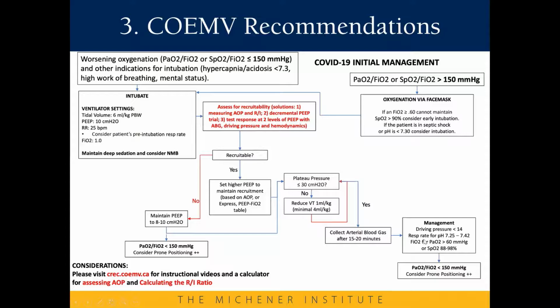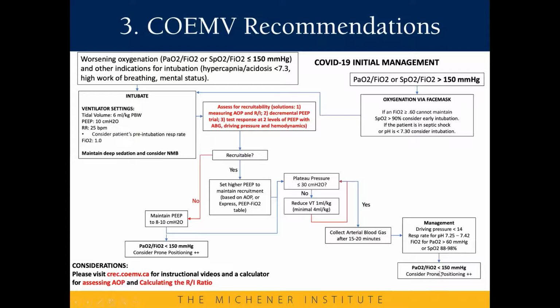We're going to keep our respiratory rate to target a pH of 7.25 to 7.42. So again, a little bit of a different pH range compared to the previous two protocols. And our FiO2, we want to keep our PaO2 greater than 60, and our SATs 88 to 98%.